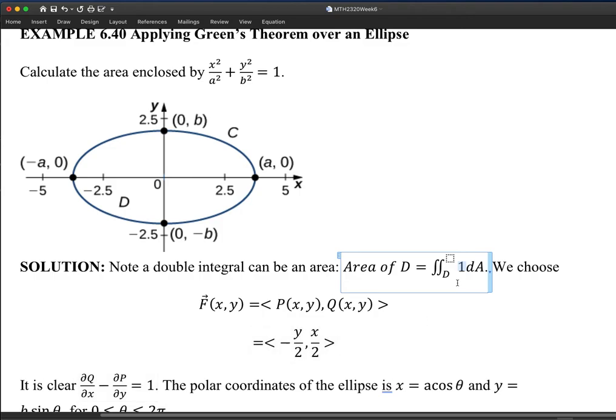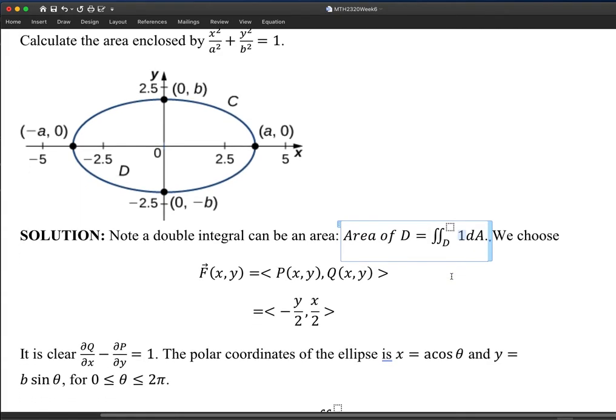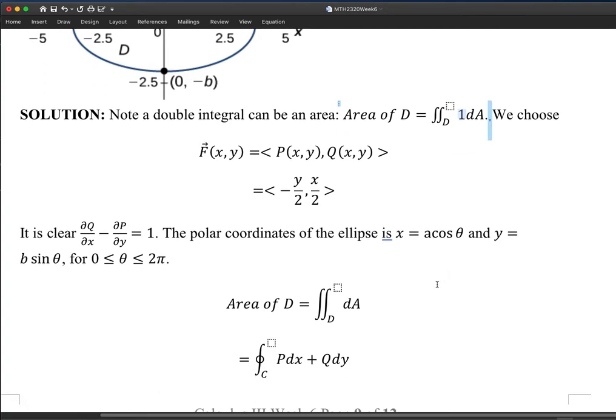And so I know this double integral of 1 represents the area. And according to the Green Theorem, a double integral can be converted back into a line integral.